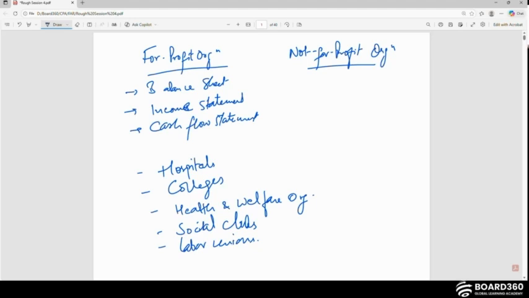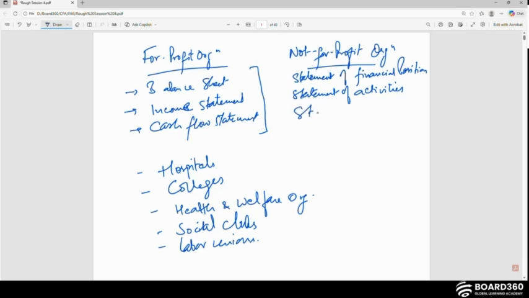So these three statements will be there, although the nomenclature is a bit different. For the balance sheet under a not-for-profit organization, we use statement of financial position. For the income statement, we use statement of activities. For the cash flow statement, it is statement of cash flows.